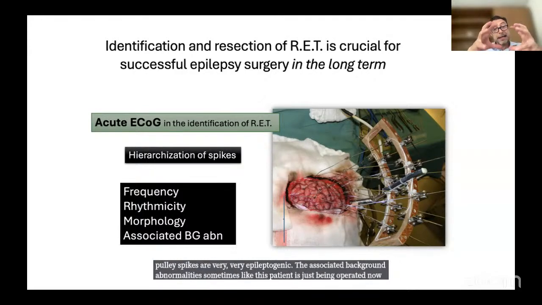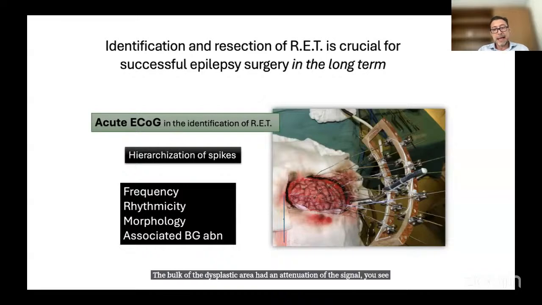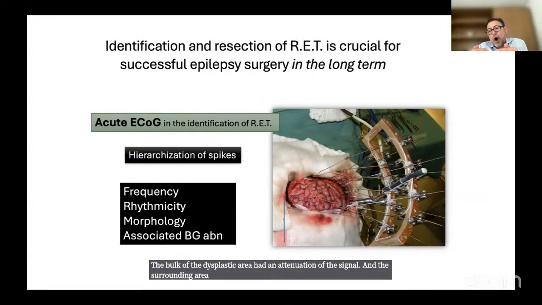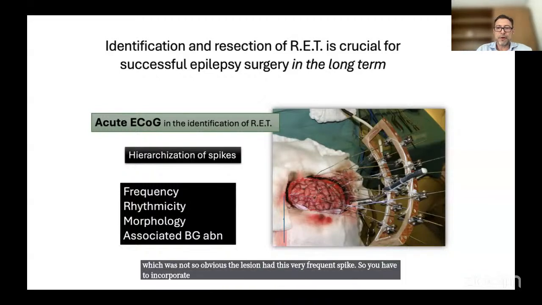You see, the bulk of the dysplastic area had an attenuation of the signal, and the surrounding area, where the lesion was not so obvious, had very frequent spikes. And so you have to incorporate all this information into the final decision of the resection.